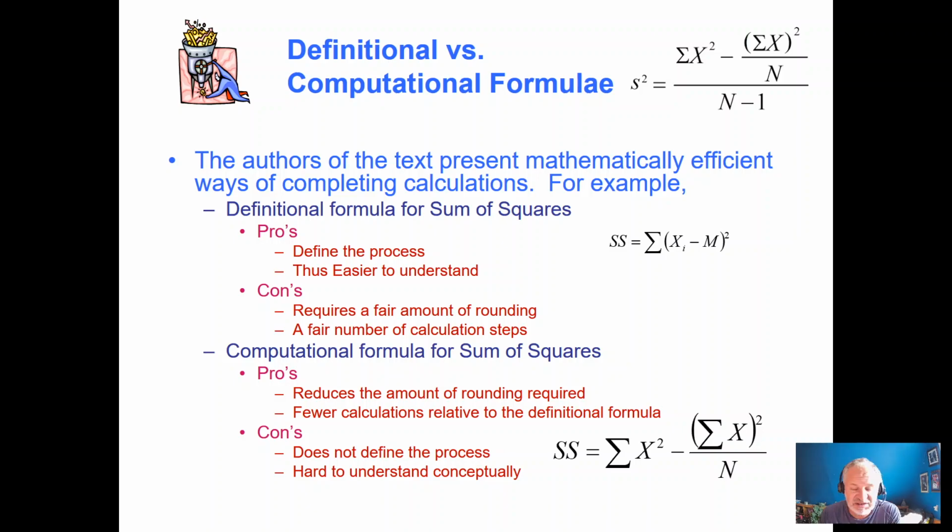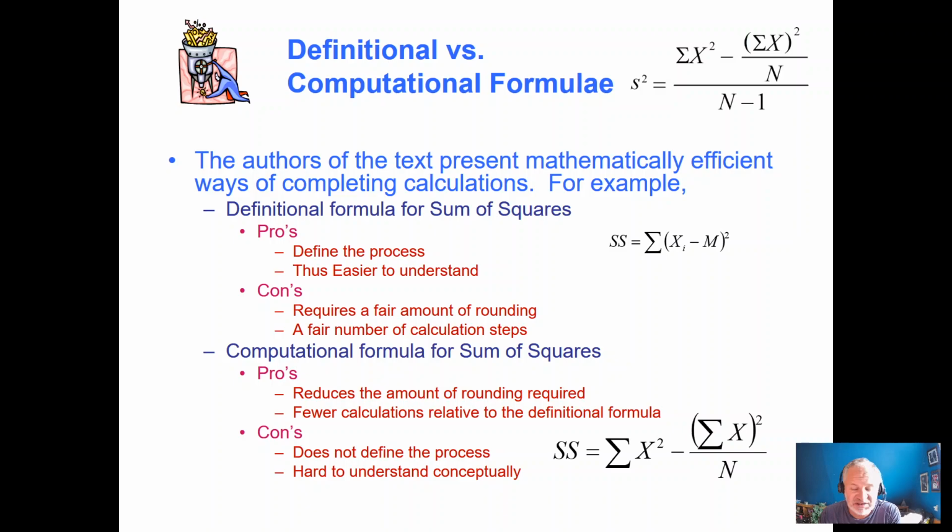But since we do things in Excel and SPSS and on computers, we don't have to really worry about the computational formula. We can just use the definitional formula. Okay, so the definitional formula is easier to define, easier to understand.